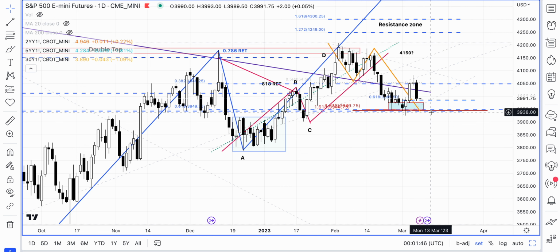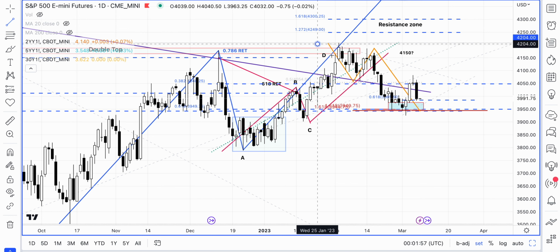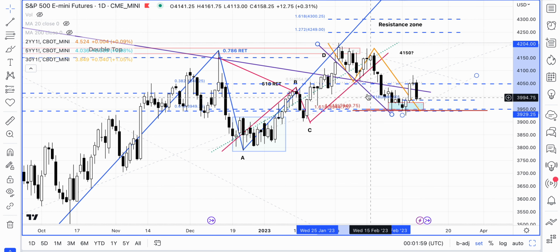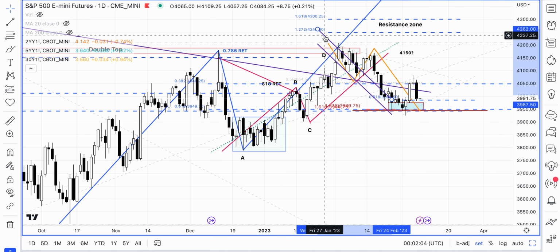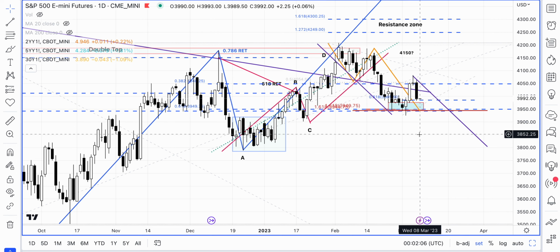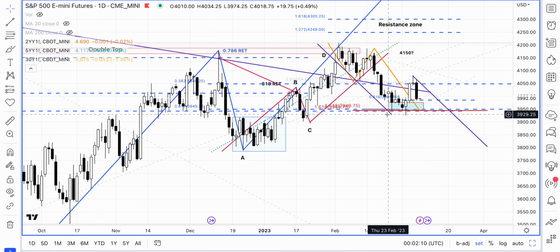There's a possibility that if this low gets taken out, particularly on a two consecutive closing basis, we might be looking at a structure which is an ABCD to the downside, for example like this, with a target somewhere around 3800.